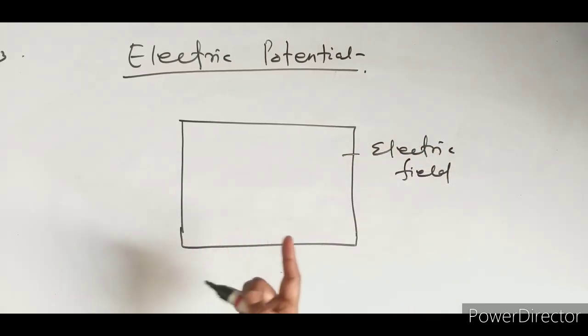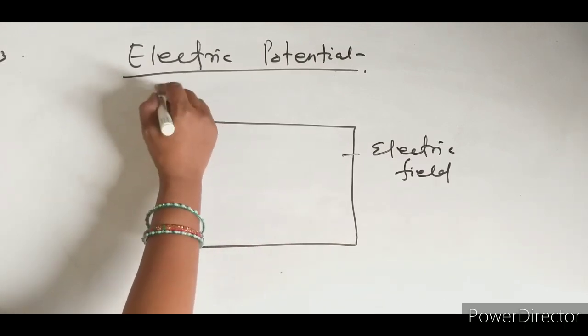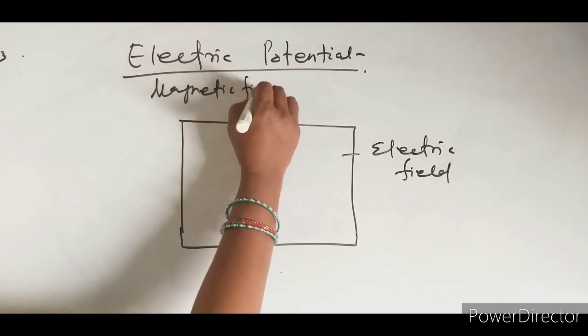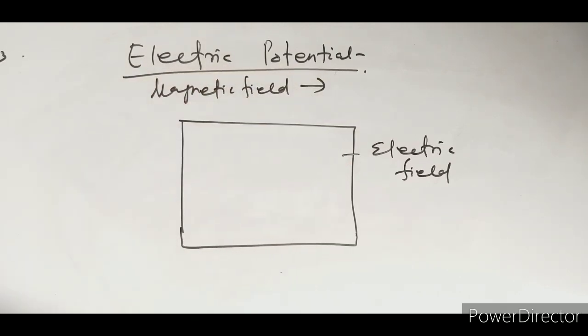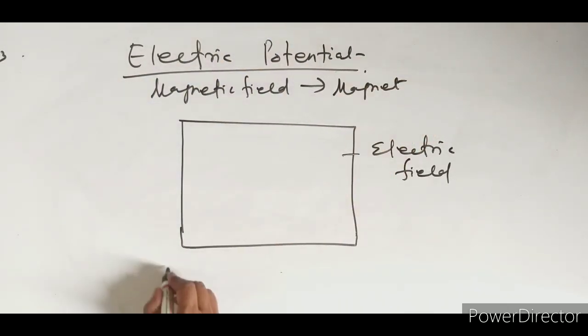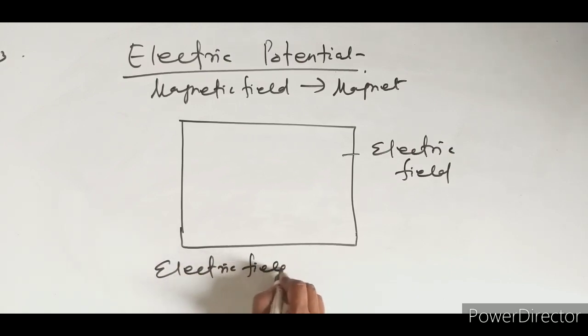And here we know that magnetic field is due to magnet. Now my question is, if I am talking about an electric field, this electric field is due to what?